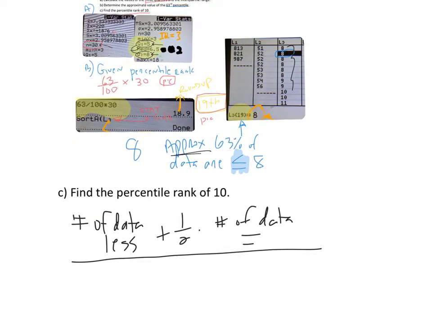So what we need to do now is go to our list on our calculator and find 10. So I want you to go into your list on your calculator and take a picture of 10 in the list. Be sure to include that picture on the worksheet that you're working on.